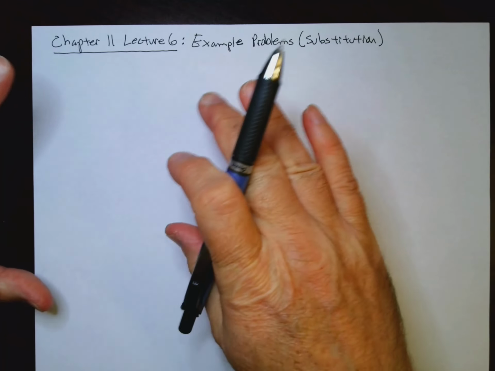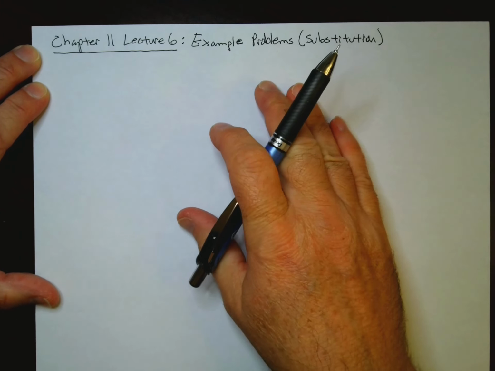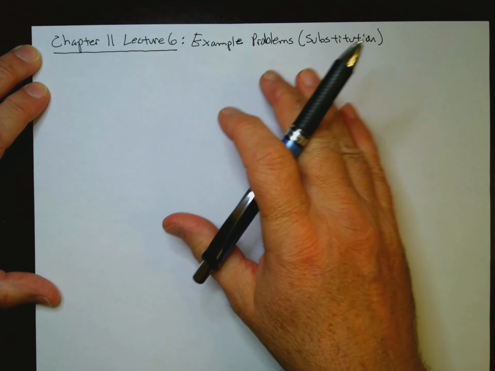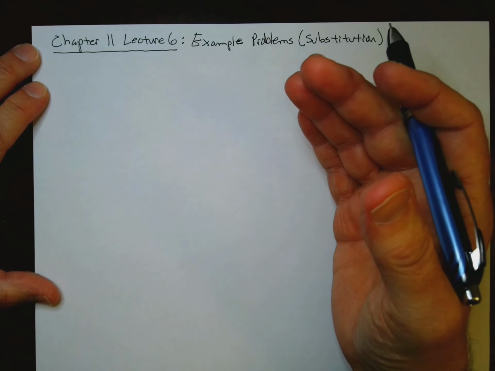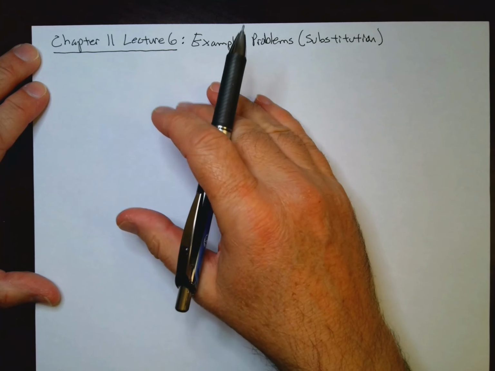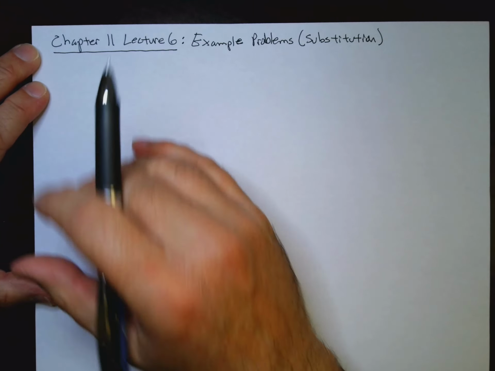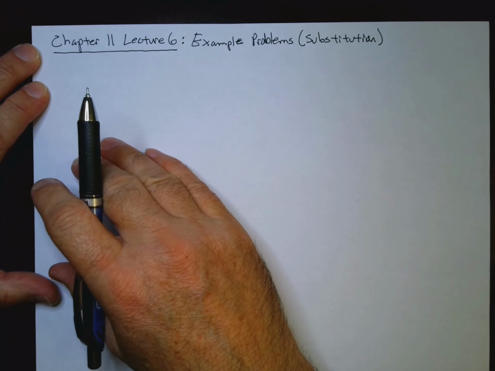In this lecture video, I wanted to go over just a few example problems for substitution. The typical problems that you'll see will be fill-in-the-blank type problems: predict the product, or give the reagent and conditions, or give the starting material.